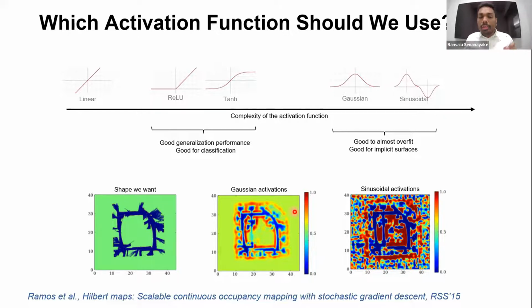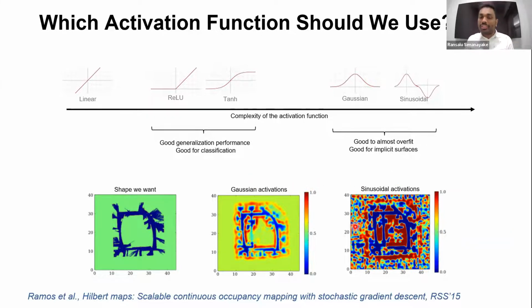For instance, if we are moving a robot around a building, we are not just interested in where the surface is. We need to really know what's in between surfaces, because that's where the robot's going to move, right? For that kind of task, Gaussian activation functions are really good.